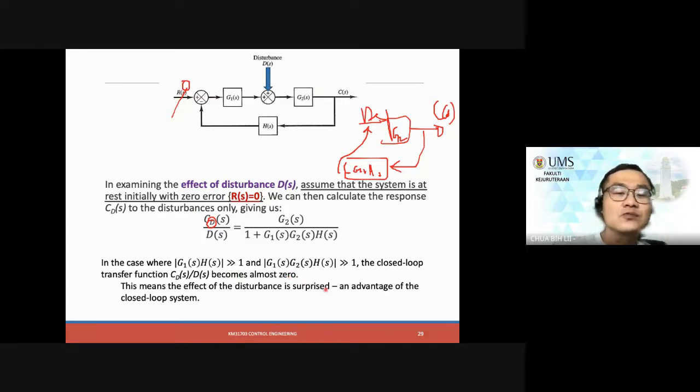So we would say that the transfer function is now large enough to suppress, the keyword is to suppress the disturbance. The disturbance is too small to have any effect. This is the benefit of having a closed loop system.